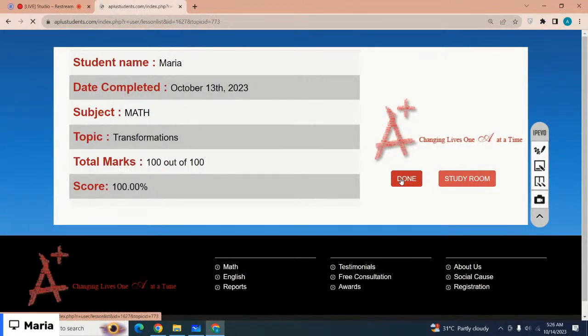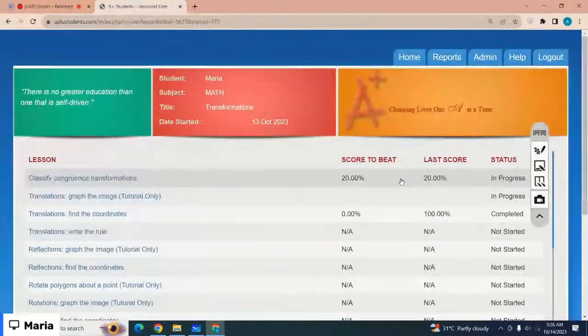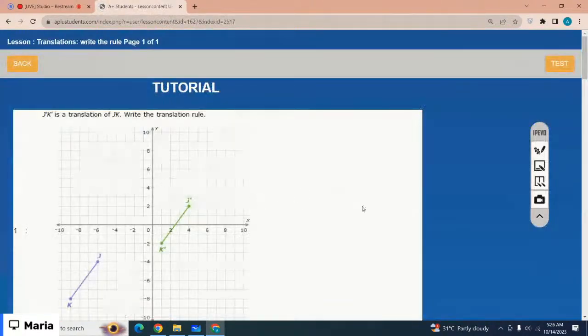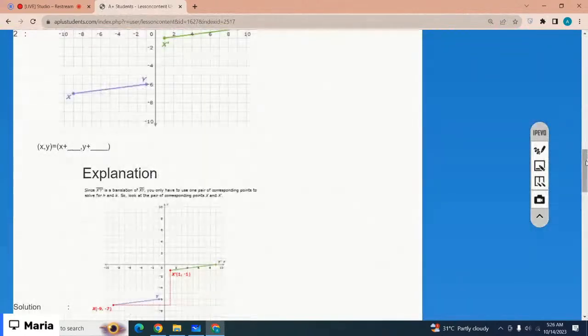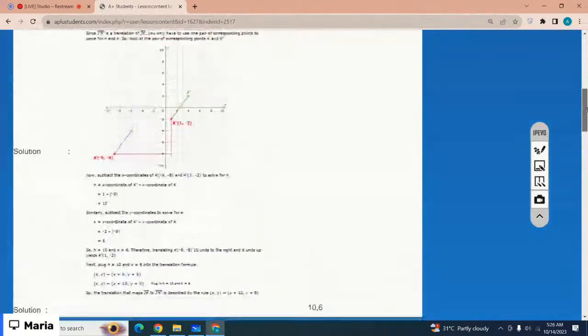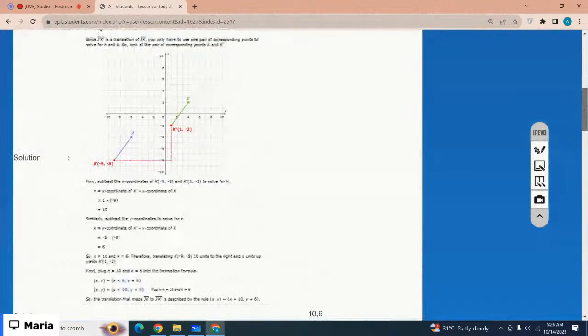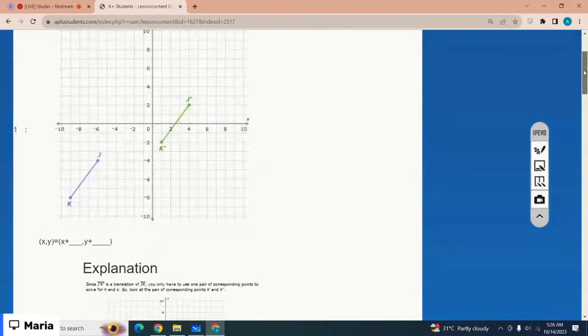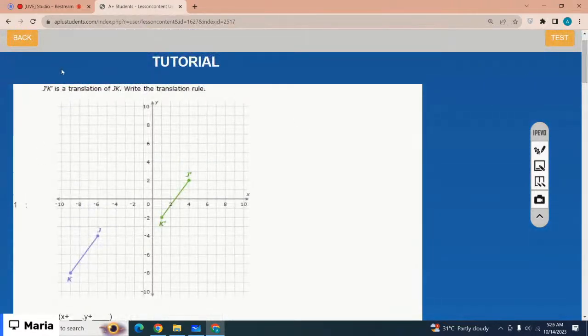The next one is translations, write the rules. So basically, these are the rules we are applying. J dash K dash is a translation of JK. Write the translation rule.